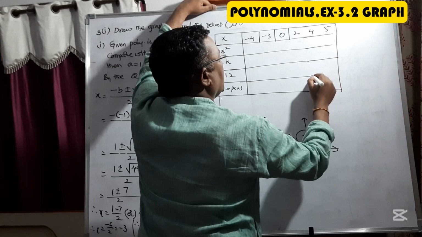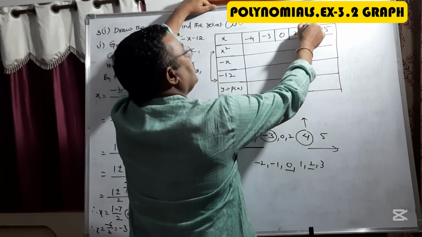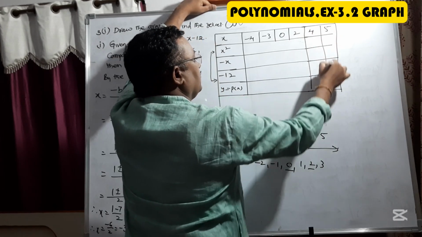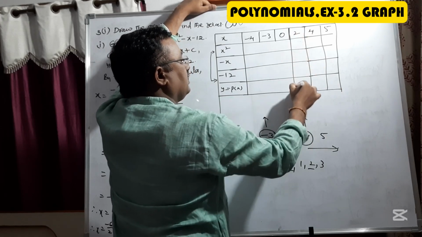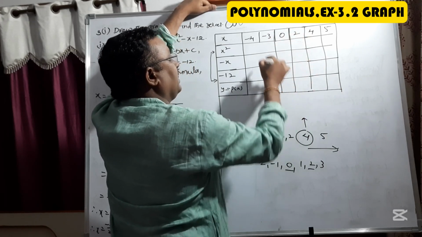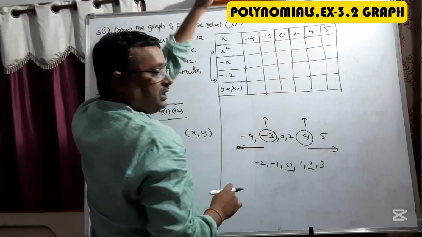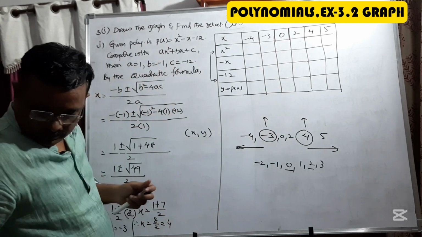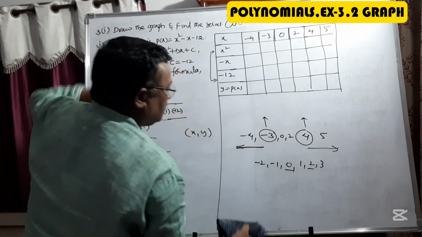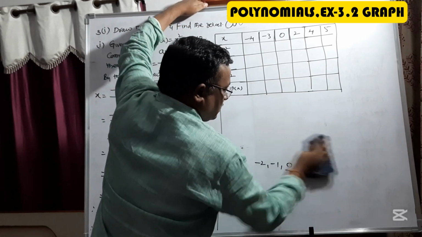It is your wish, Nana. You can take any numerical value for the variable. With that, you have to find the polynomial value. Using those values, I am going to complete the table.